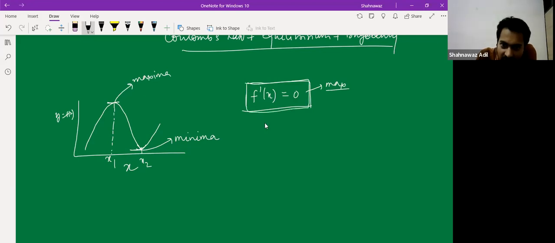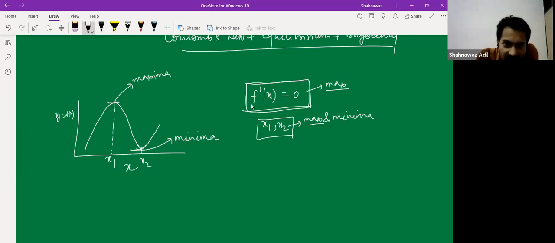Whatever points you get are also called the critical points, but that will be your maximum and minimum. So that is the logic behind the maxima and minima. Also, you take the derivative with respect to x, to calculate the maximum and minima, which is dependent upon this x.